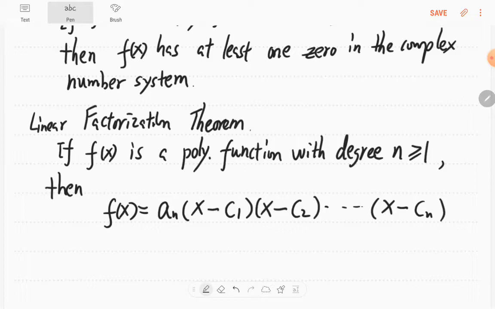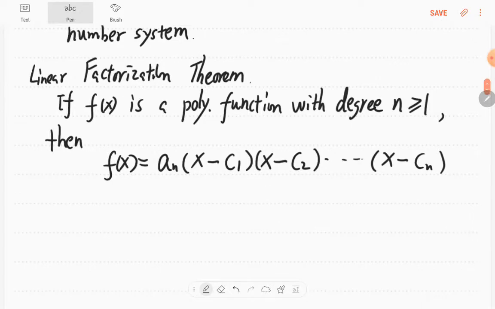And c1, c2, and cn are all zeros, because if you plug in c1, c2, or cn, it will make the function 0. So c1, c2, cn are all zeros, and these are complex numbers, where ci for i from 1 to n are complex numbers.